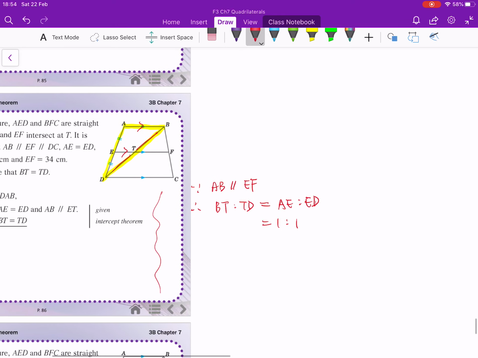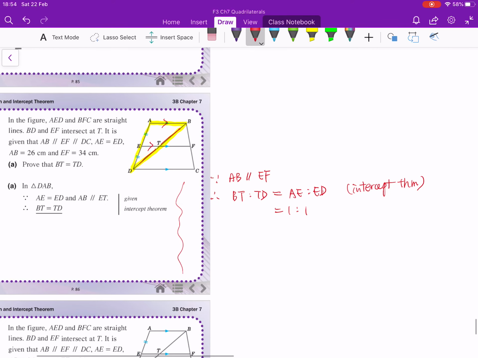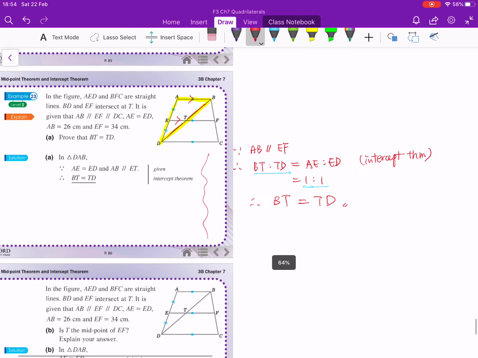Where's the reason? Intercept theorem. So BT to TD means 1 to 1. As a result, BT should equal TD. So it is proved. Very easy, but we write it in the stronger version of the Intercept theorem.